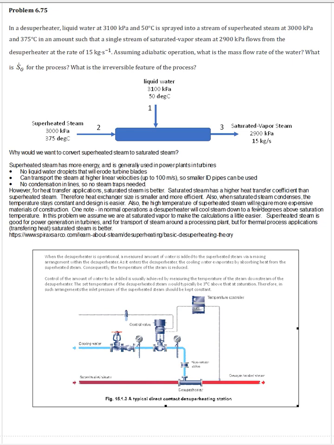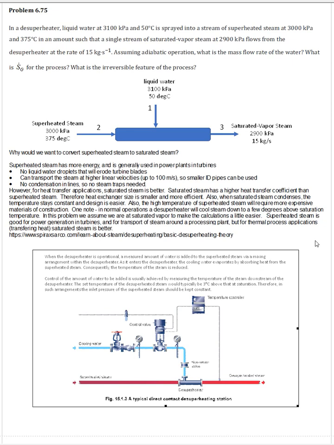The other thing that I wanted to bring up is what is a desuperheater, and why would we want to desuperheat, or basically cool down, steam? And the reason is because whether or not you want to have superheated steam or saturated steam depends on what you're doing in the plant. As we know, superheated steam is going to have a lot more energy, and superheated steam is used in power plants because it has more energy.